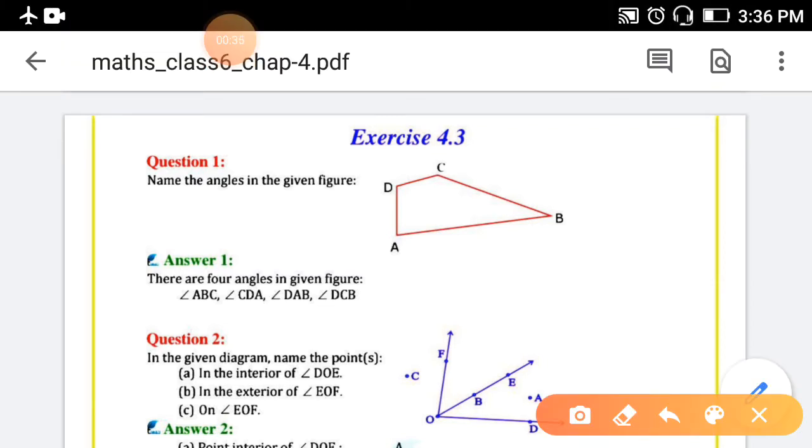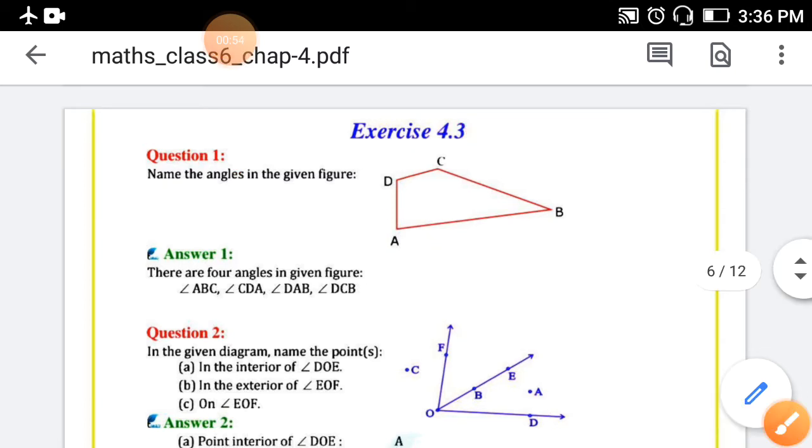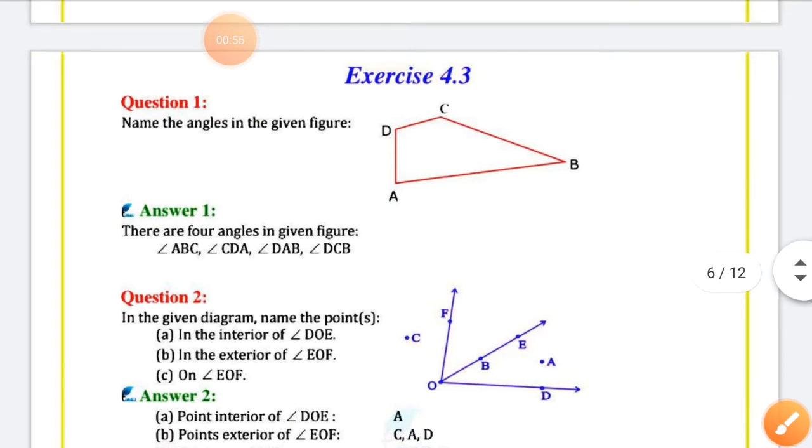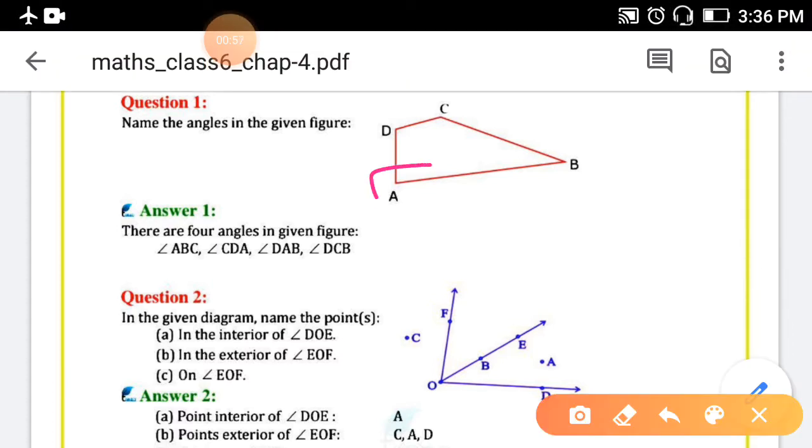First of all, how many angles are there? 1, 2, 3 and 4. Total 4 angles are there. How to write? Angle A, this is angle B, angle C and angle D. Angle A you can write angle DAB.